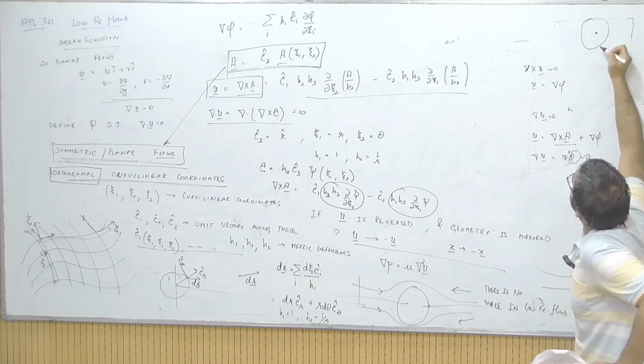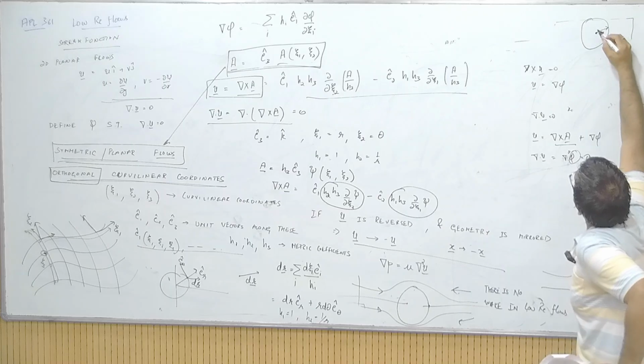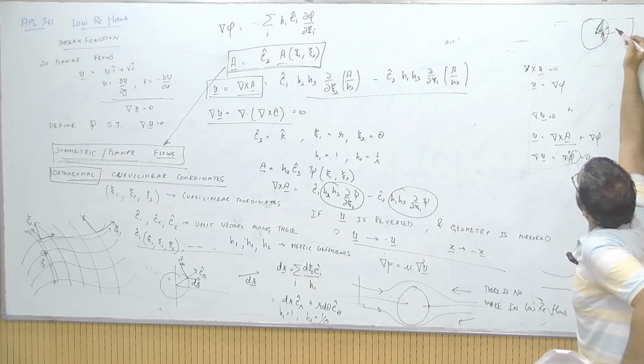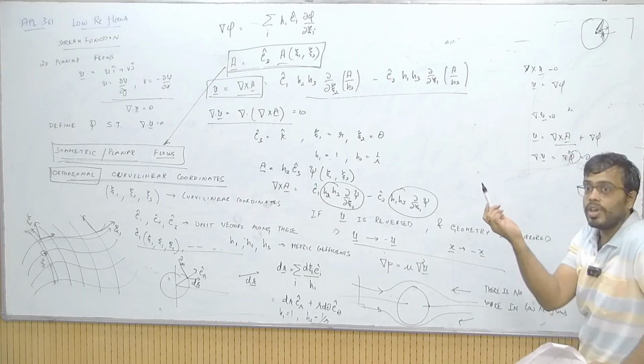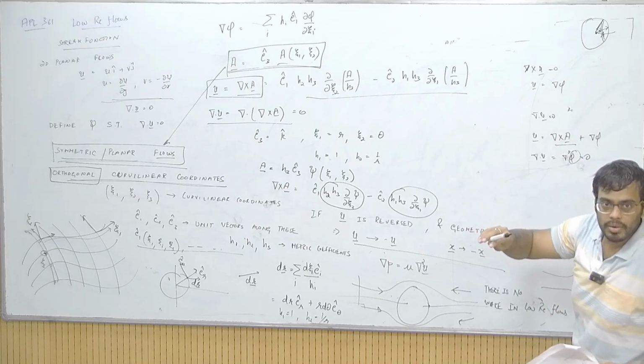This is a sphere. So, there are three coordinates. In spherical coordinates you have three coordinates: r, and let us say this is your ring. So, the angle of this ring with the horizontal is theta, and then where you are on this ring. Okay.